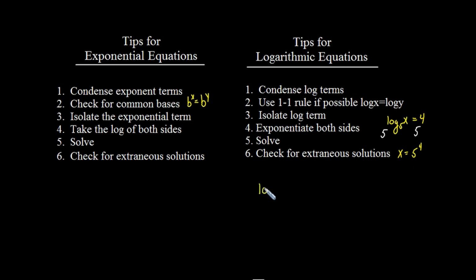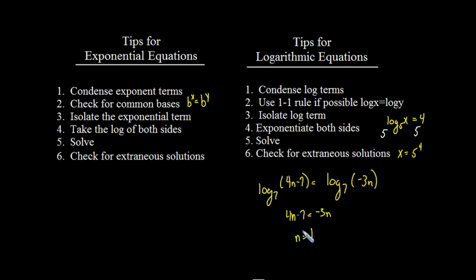So if we have like log base 7 of 4n minus 7 is equal to log base 7 of negative 3n. And we solve this out and we get 4n minus 7 is equal to negative 3n. And you end up with n is equal to 1, right?